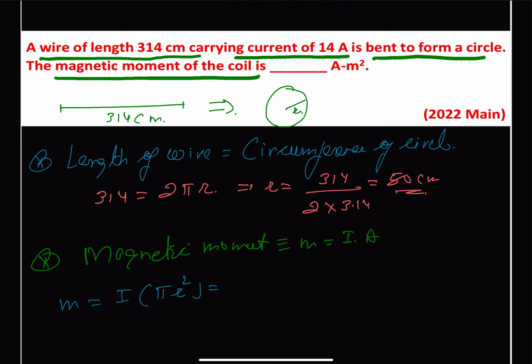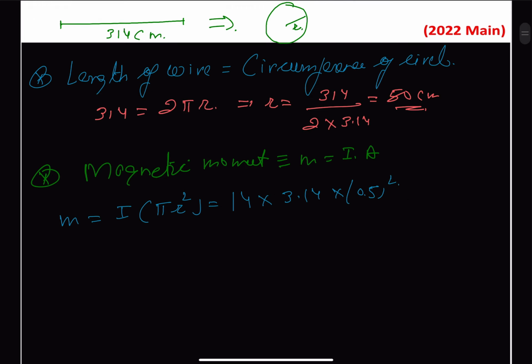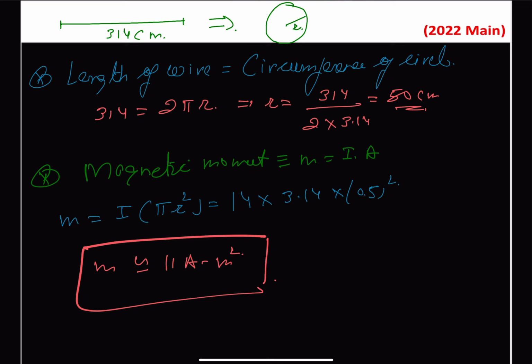Current is given to us as 14, pi is 3.14, and this comes as 0.5 whole square. So our magnetic moment approximately will be coming as 11 ampere per meter square. So this goes as 11.